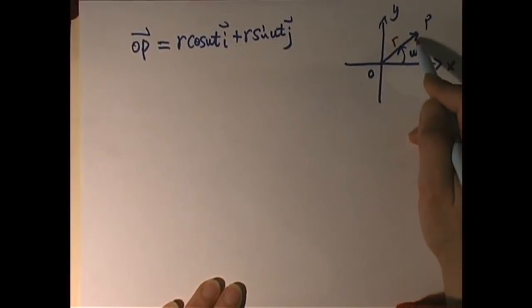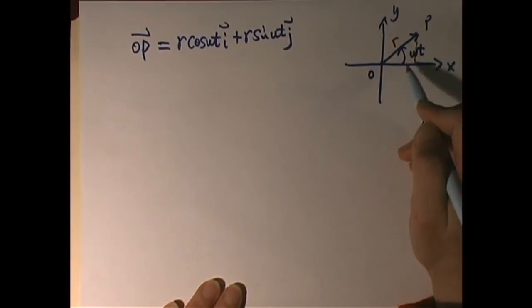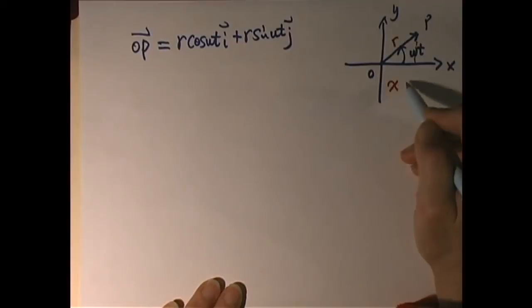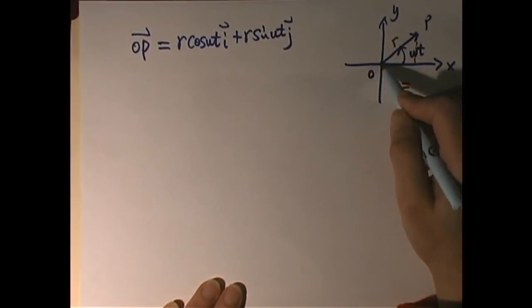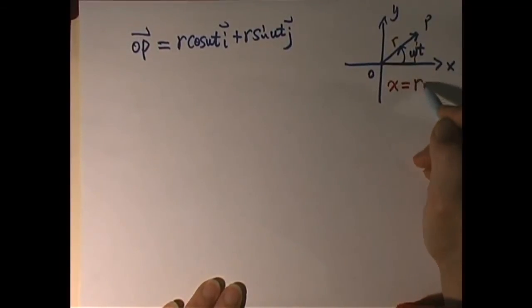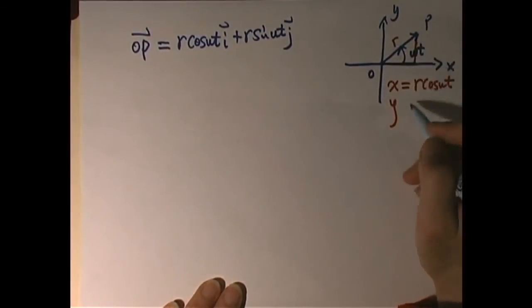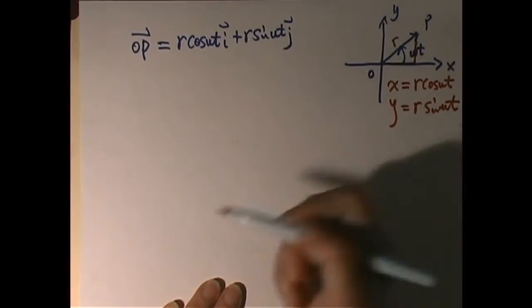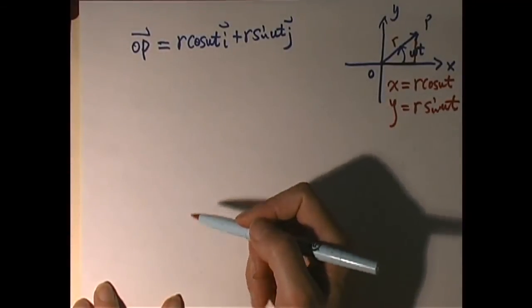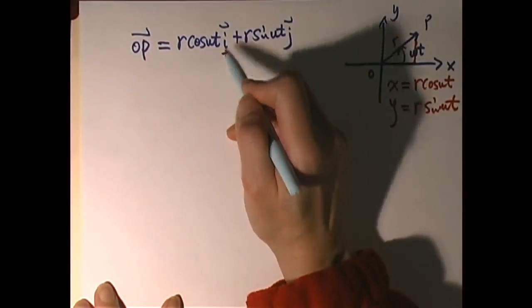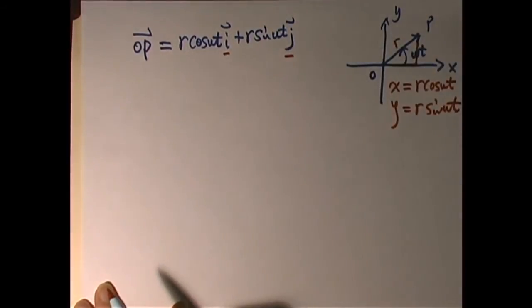Therefore its x, which is right here, is r cosine omega t. Its y, which is right here, is r sine omega t. Using unit vectors i and j, we have this much i, that much j.